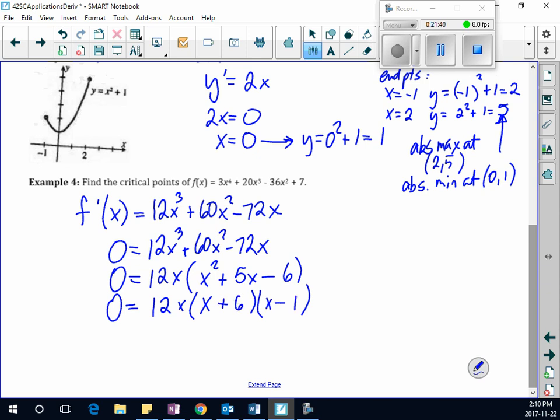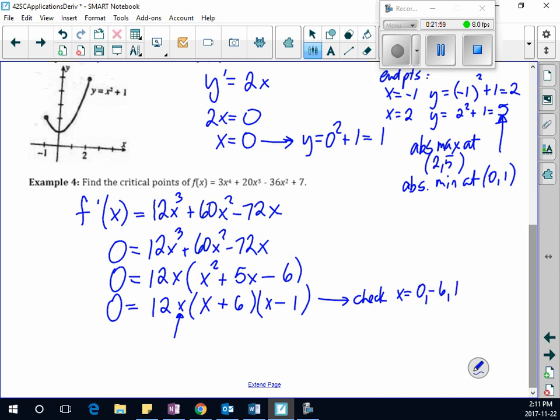Which means I need to check what? X equals? Yes, don't forget you're getting a value right here of 0. So we're going to check 0, negative 6, and positive 1.